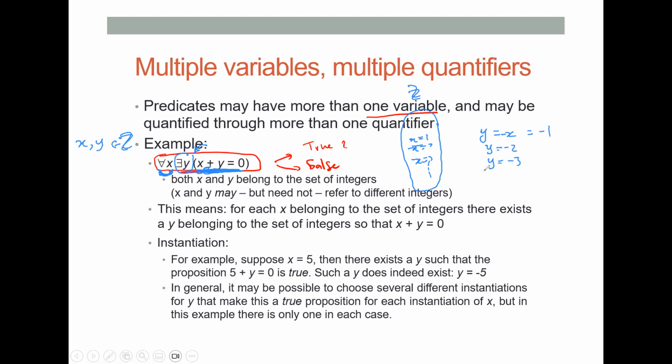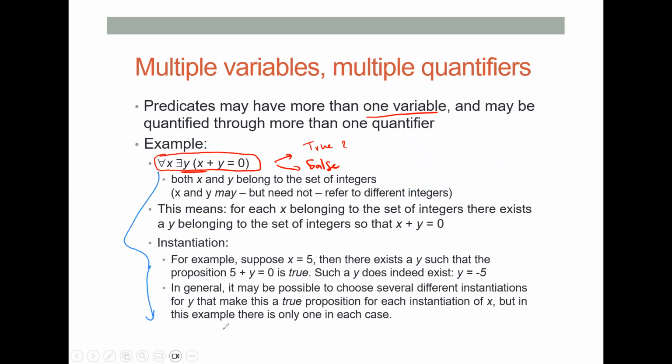So, for example, if X is a, Y is minus a, where a is an integer and minus a is still an integer, which means that this predicate logic is always calculated to true. Okay?